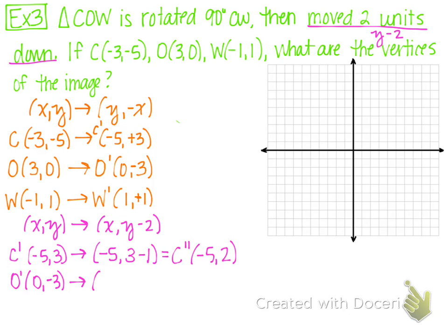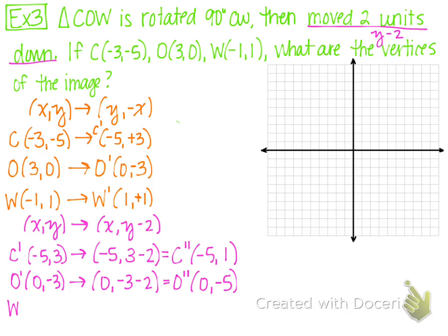So we aren't doing anything to the x, but we're going to subtract. Why did I subtract 1 there? That should be a 2. I'm so sorry. That should be a 2. So we have 3 minus 2, which makes this a 1. I apologize. So you have negative 3 minus 2. So now for O prime prime, we have 0, negative 5.